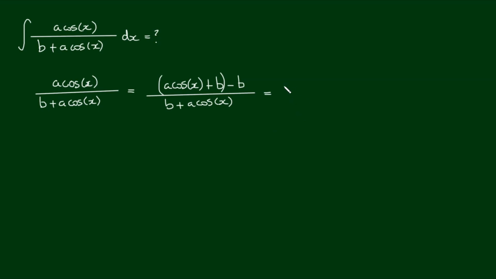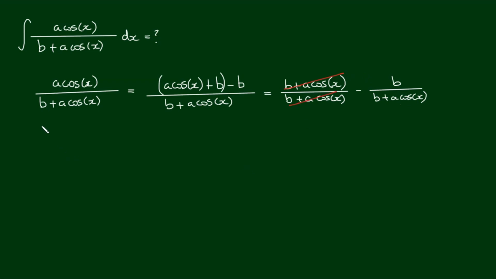The first fraction is going to be b plus a cosine x, so I've just switched the two terms, because we're adding them they're obviously equal, over b plus a cosine x, minus b over b plus a cosine x. Okay, so the first term simply reduces to 1.